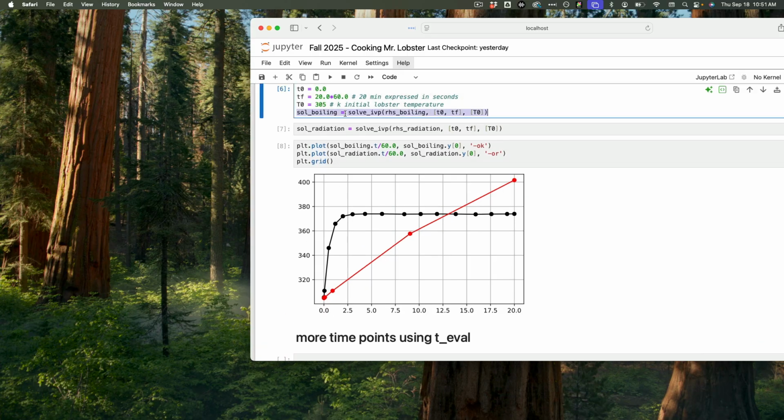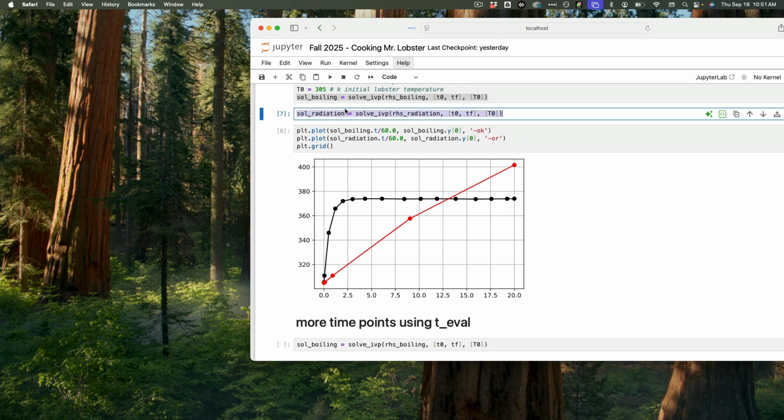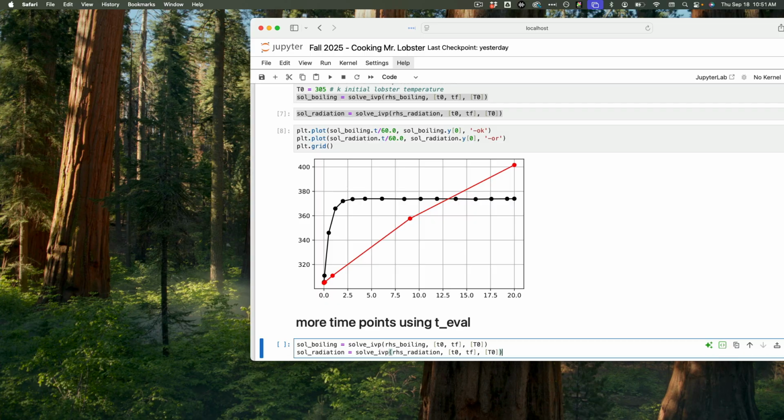So I'm going to copy this. Again, I'm showing you now the methodology of solving the problem, and your purpose is not just knowing how to use solve IVP. Your objective is to use solve IVP effectively to analyze this problem. So your purpose is always the physics, not the numerics. Okay? Although the numerics are fun to think about and to know.